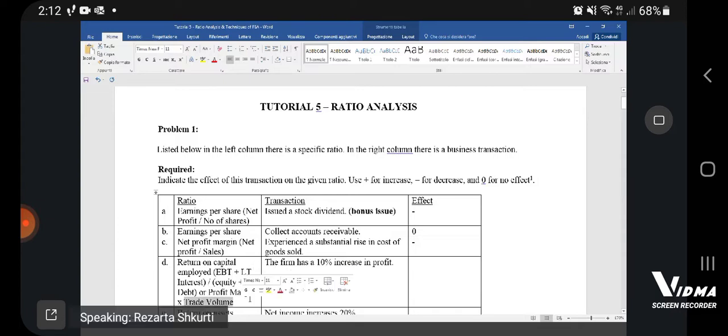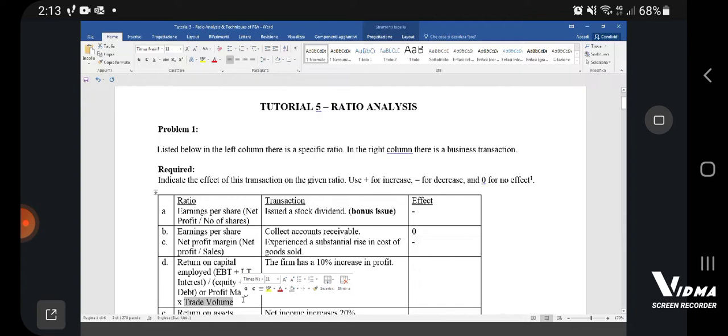No. Remember that the trade volume is sales to equity plus long-term debt. What if the 10% increase in profit has come because I am selling more? If I sell more, I have an increase in the sales, and therefore an increase in the trade volume as well. You see what I'm saying?